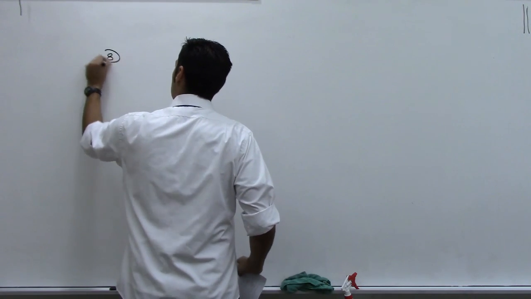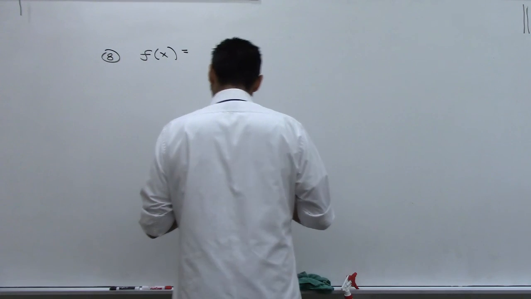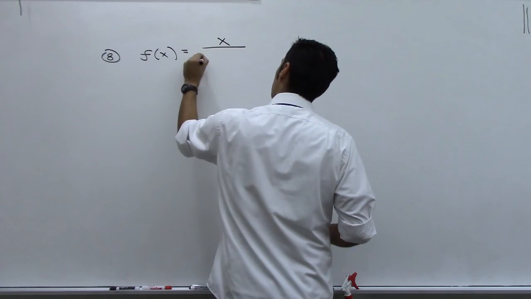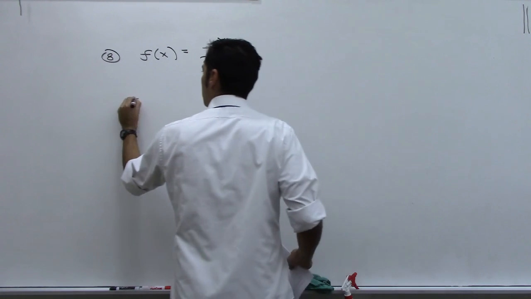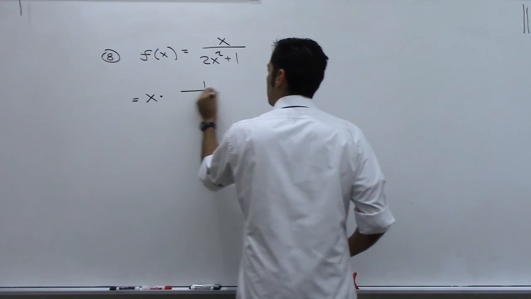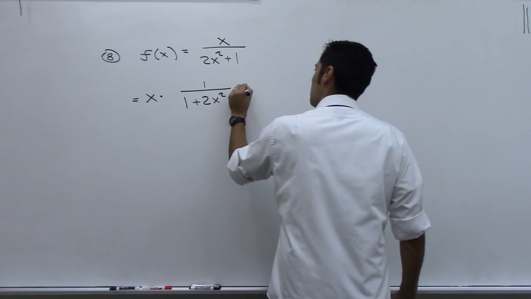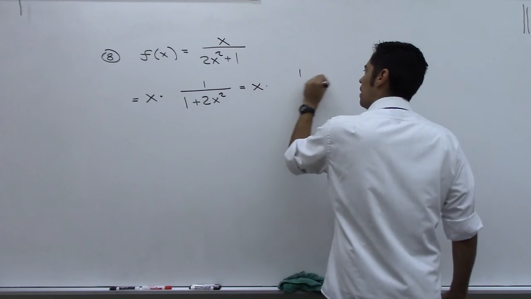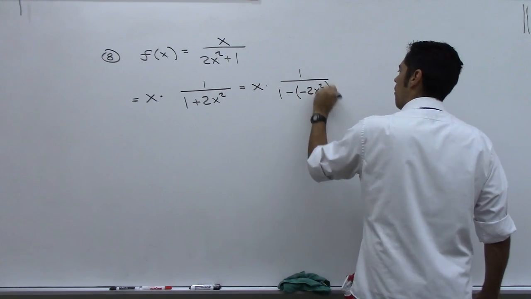So for 8, f of x is x over 2x squared plus 1. So I'm going to pull that x out again. I'm going to rewrite this as 1 over, flipping the order of the bottom, 1 plus 2x squared. And then I'm going to rewrite that bottom as 1 minus negative 2x squared.